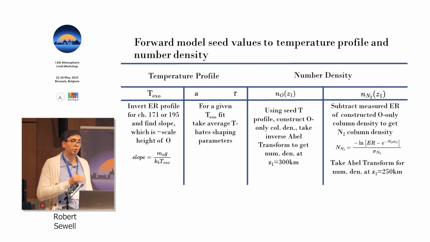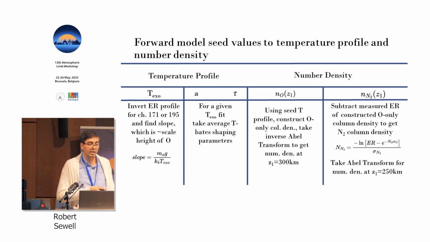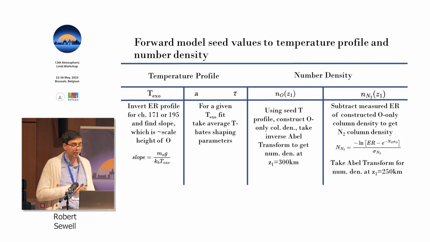So it looks like the absorption of the total mass density rather than a weighted sum of either of the O or N2 densities. And so by inverting this extinction ratio profile, the slope at the very top of the atmosphere looks like the scale height of just atomic oxygen, because that's what's predominant at the top of the atmosphere.